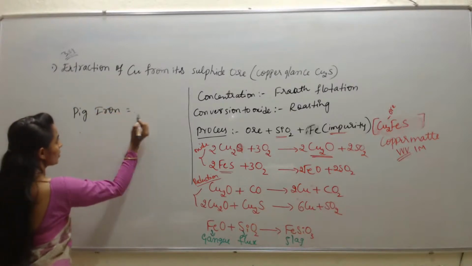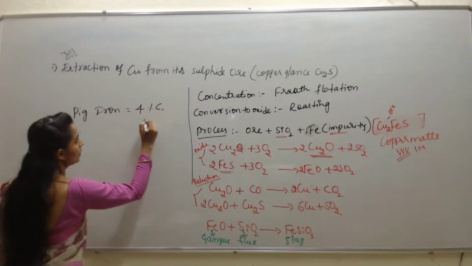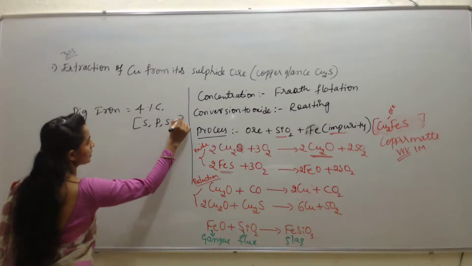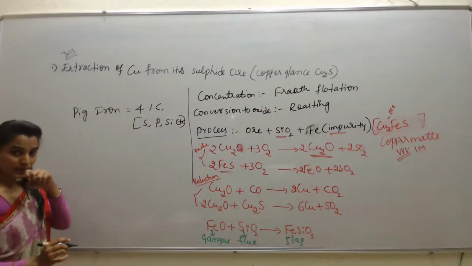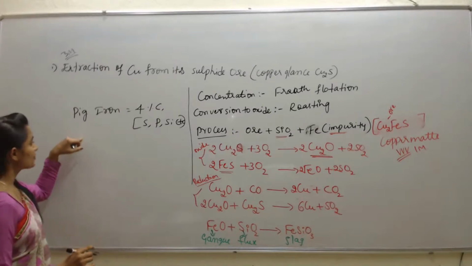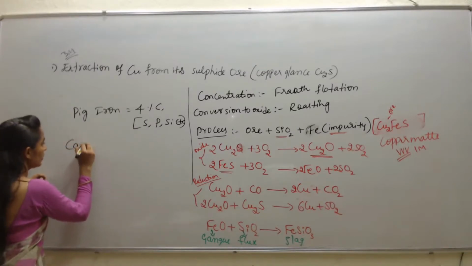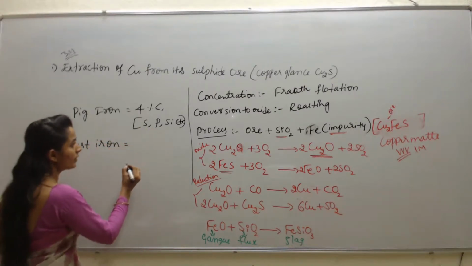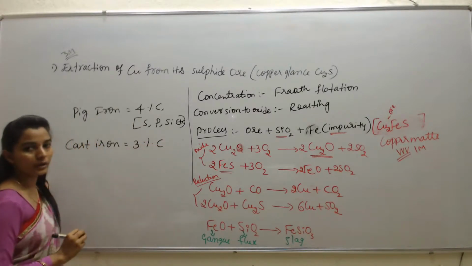Okay, so why is it called pig iron? It consists of 4% of carbon and impurities like sulfur, phosphorus, silica, etc. Only small impurities it is. Next, it is subjected to some refining methods. Then it changes to what? Cast iron. This cast iron is free from most of the impurities, but it consists of 3% of carbon.